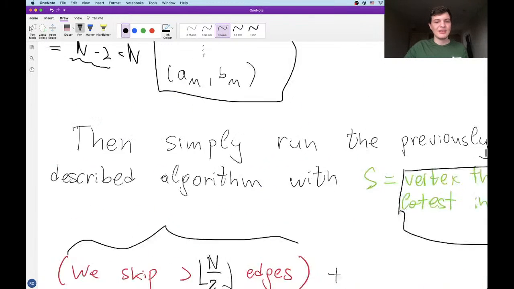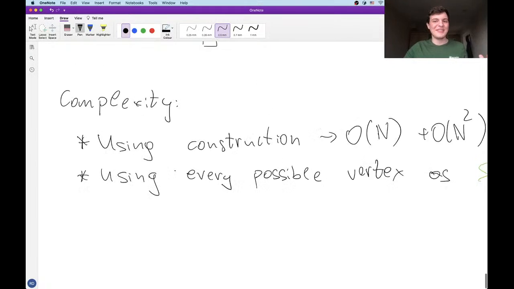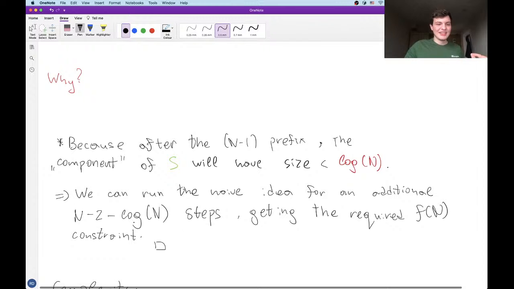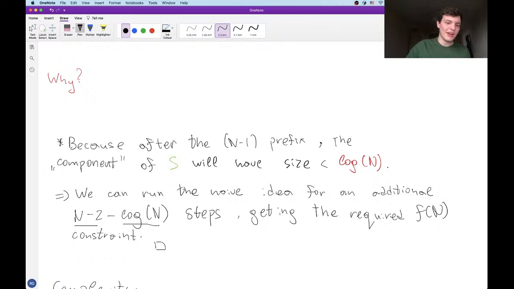And this means that, going back again to there, I shouldn't have scrolled so much, that we can run the naive idea for an additional n minus 2, that's the overall number, minus log n, because the size is the logarithm of n, and we can just run our algorithm for some additional steps.